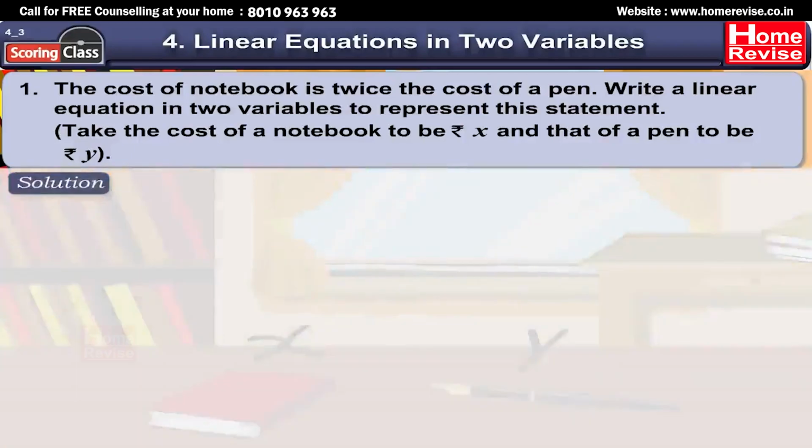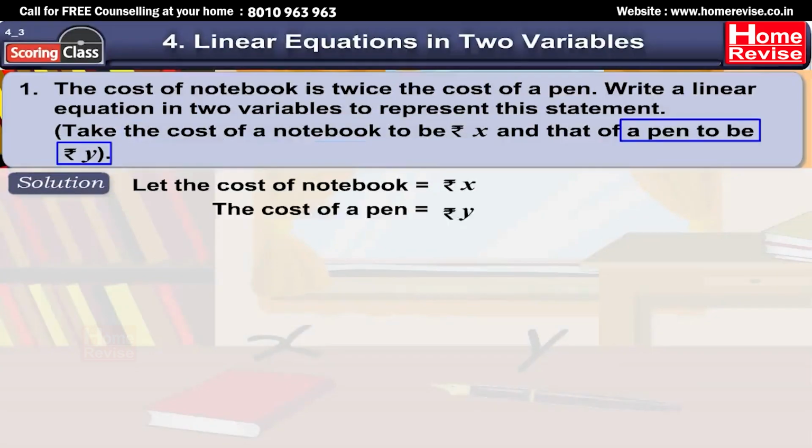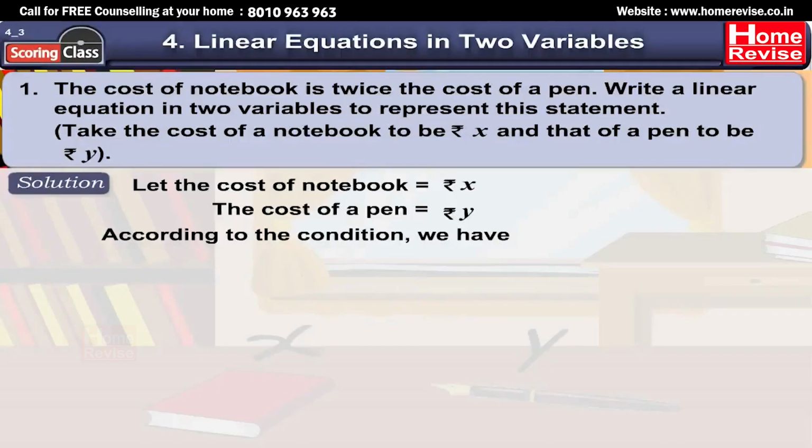Solution. Let the cost of a notebook be rupees x and the cost of a pen be rupees y. According to the condition, we have cost of notebook is equal to double the cost of pen. Therefore, cost of a notebook is equal to 2 into cost of a pen.